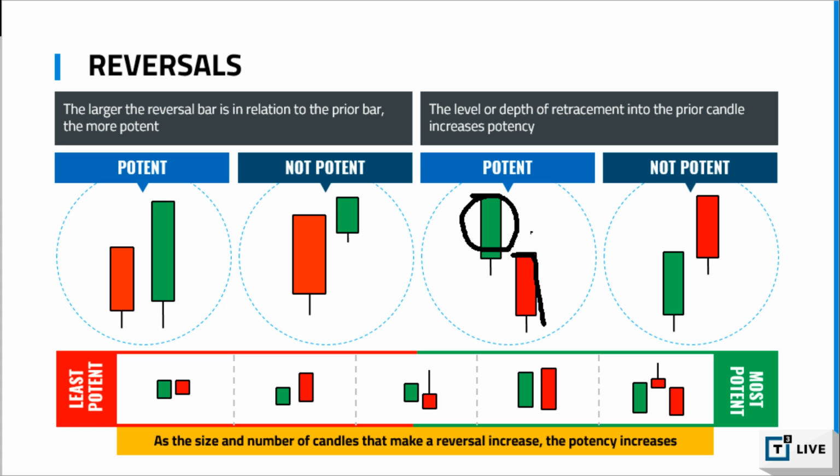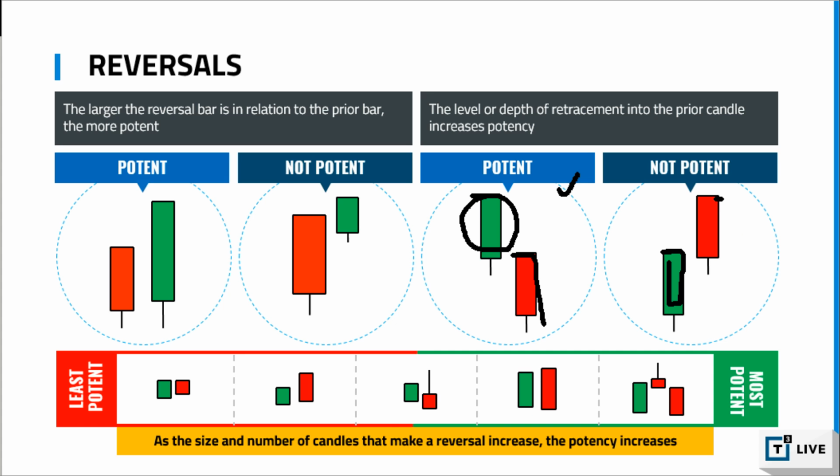But also the retracement percentage was about 200% reversal of yesterday's bar. So the size of the red bar is significant compared to the green bar, but also the depth of retracement was 200%. So very potent. Here, not so potent because we got a gap up. So people actually were not trapped. The buyers, this stock got bought the previous day.